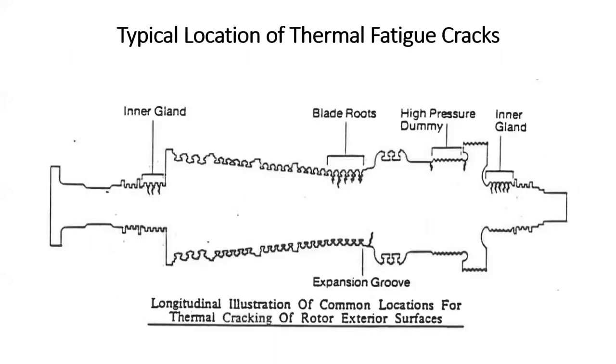Okay, so this is just a kind of cartoon cross section of a steam turbine rotor. If you've watched those videos, you have a really good idea what this stuff looks like, so I don't really have too much to add to that.